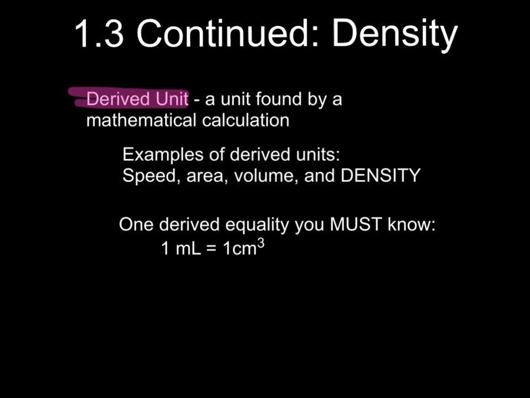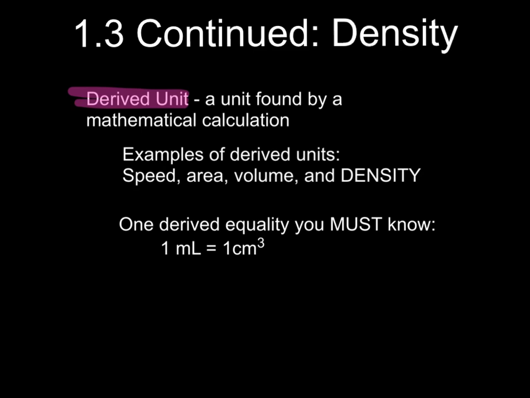Area, we know length times width of an object will help us get the area of the object. Volume, length, width times height. And density also falls under the derived unit category. One derived unit equality that you must know and you need to commit to memory is that 1 milliliter of any liquid is equal to 1 centimeter cubed.